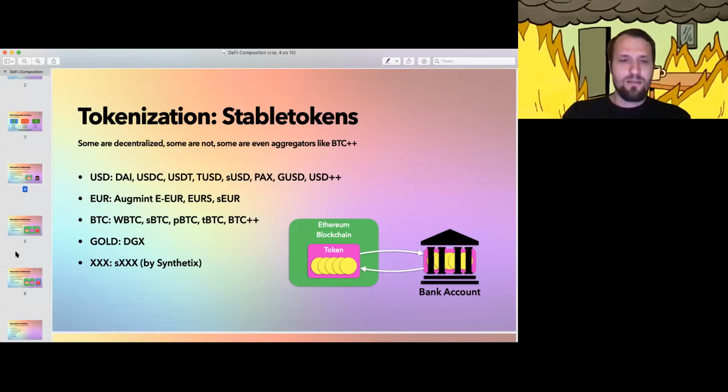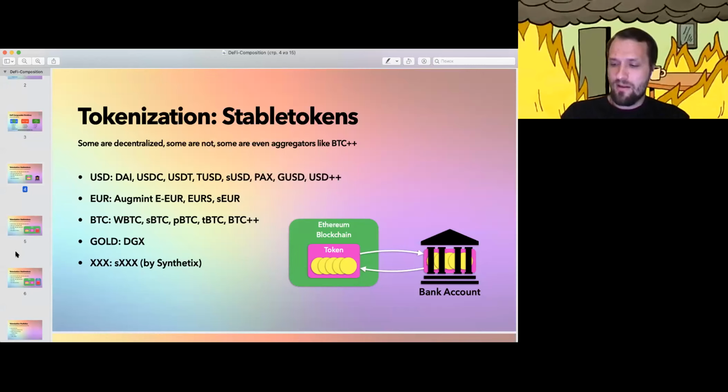As I see, the centralized stable tokens work better. I mean, their price is usually close to the original, but most of the stable tokens which are centralized also have some cons.